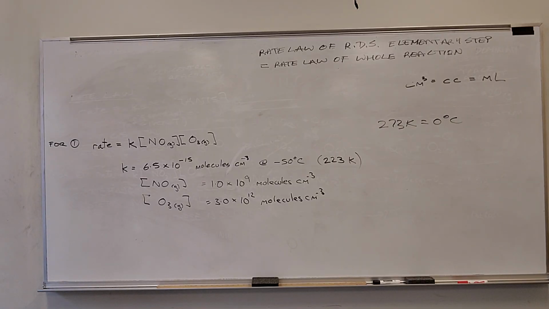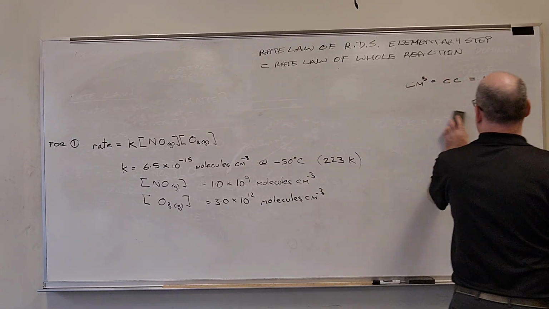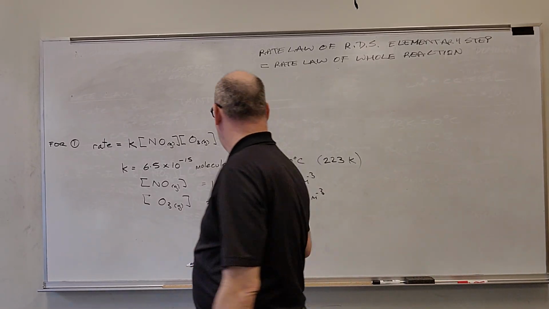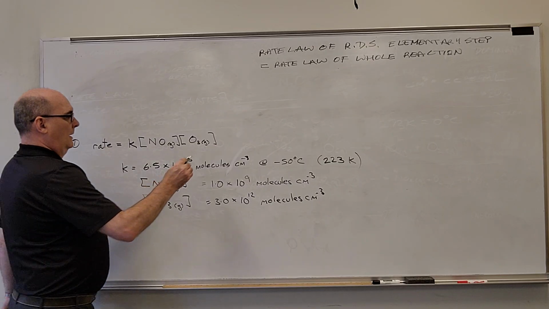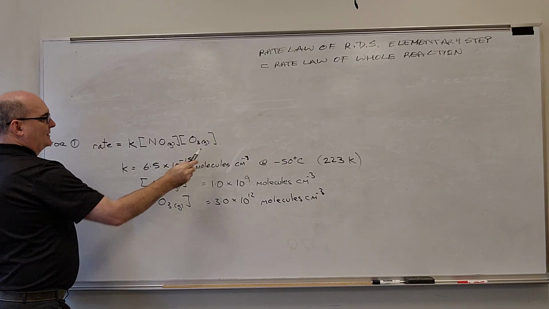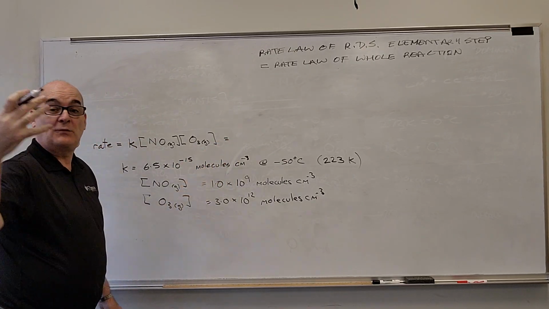Okay. The 223 Kelvin, it's a temperature for all of them? Yes, has to be. Okay, so the rate is this number multiplied by that number multiplied by that number. Again, this is in the book, but they write it in a paragraph.